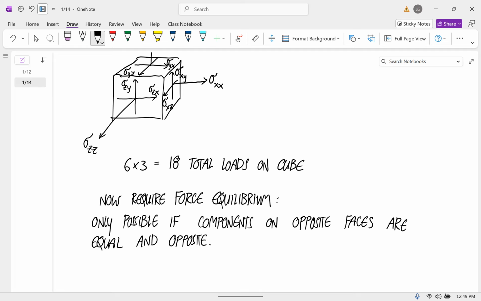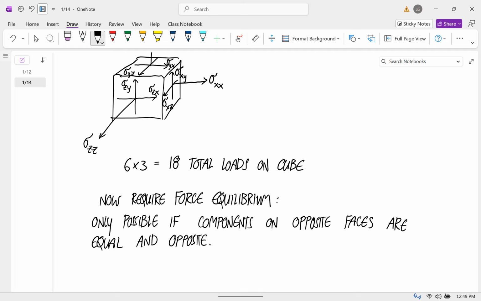Yes? Would the face opposite XX be... Yeah, we call that the negative x face. So the force opposite to sigma XX would be sigma negative x negative x? Well, if sigma xx has a value of positive 5 going in this direction, then back here on this obscured face, there's a value of 5 going in the opposite direction.